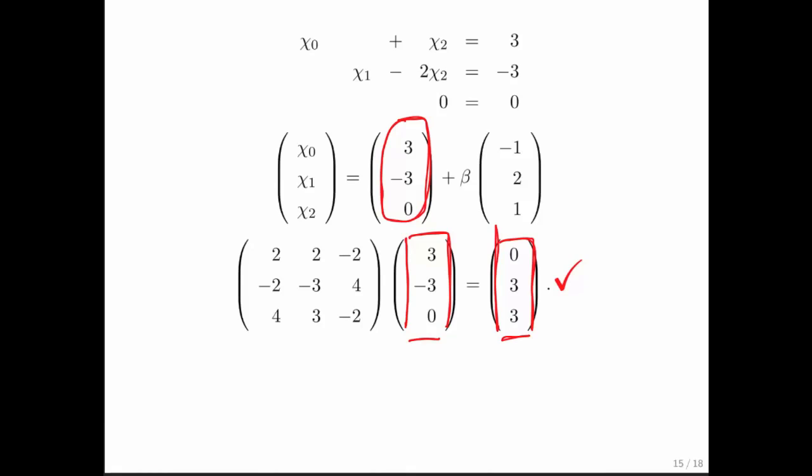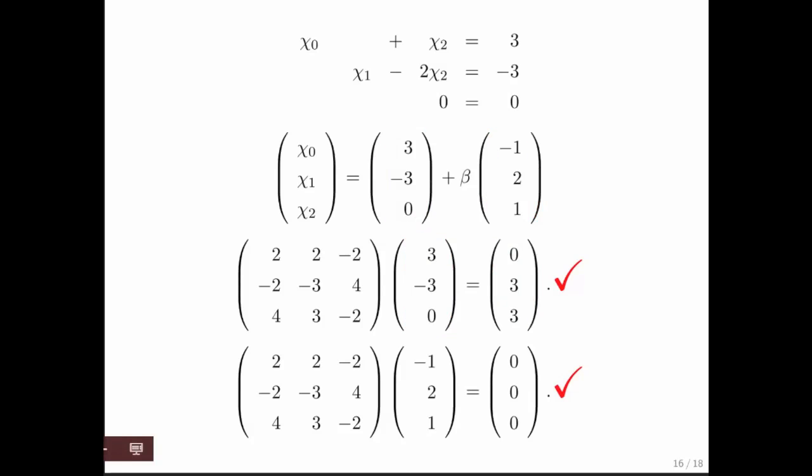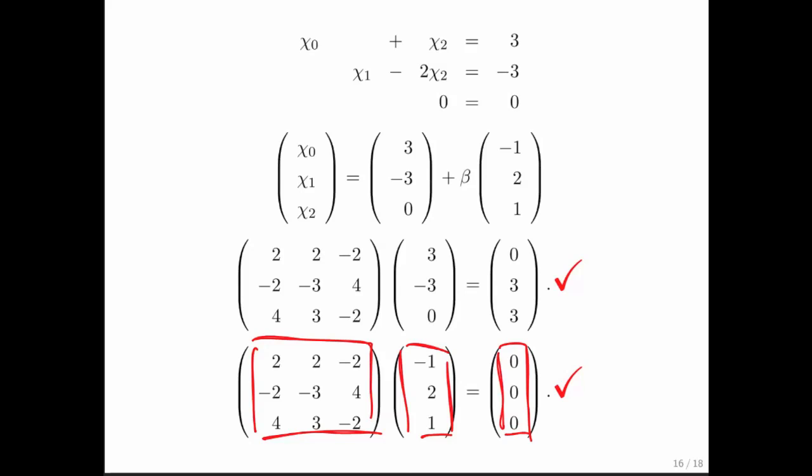Interesting. I wonder what happens if we plug in this vector. Well, if you take the original matrix and multiply it times that vector, you get the 0 vector. Interesting. I wonder what happens if you instead had put in beta times that vector.